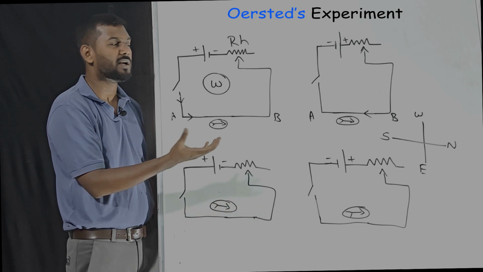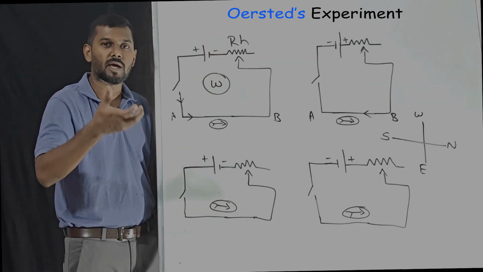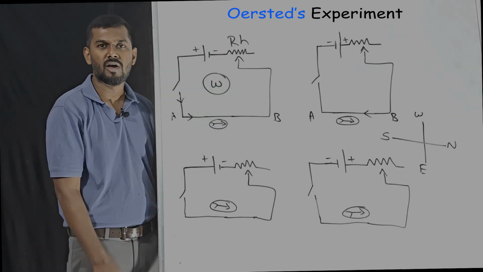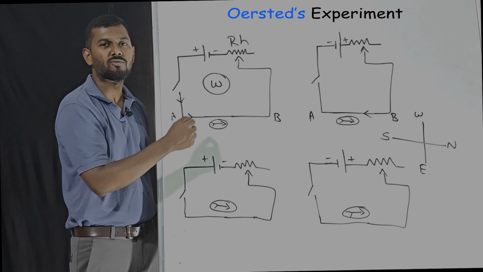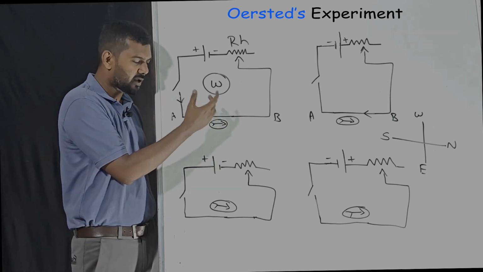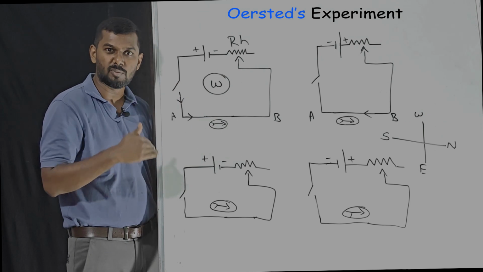So how to achieve that? We know resistance and current are inversely proportional. If you want more current, we have to reduce the value of resistance in the rheostat. So more current will flow, more deflection will be there. If you want to reduce the deflection, we have to increase the resistance so that current will be reduced.